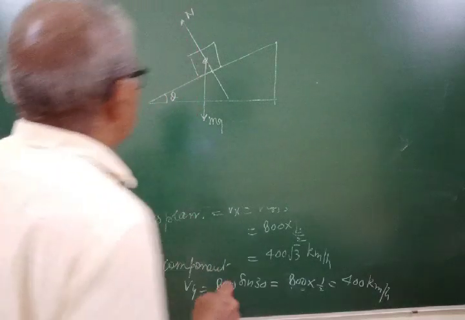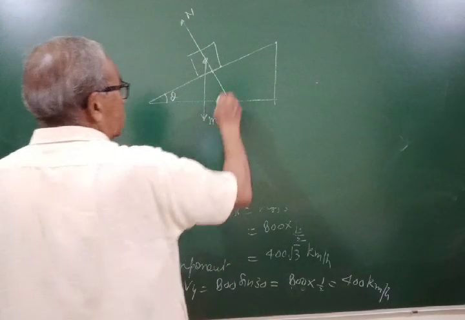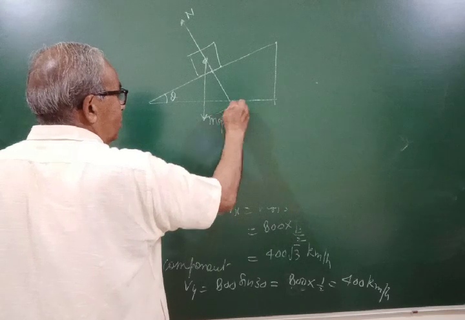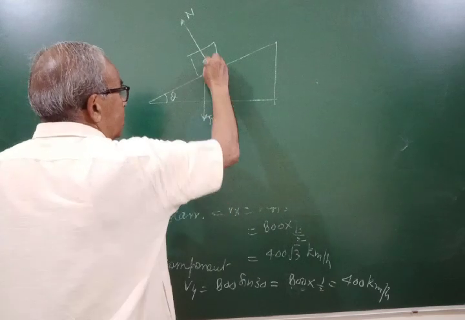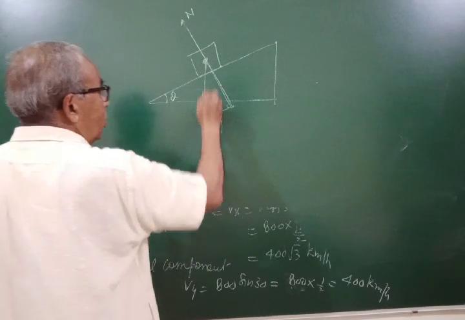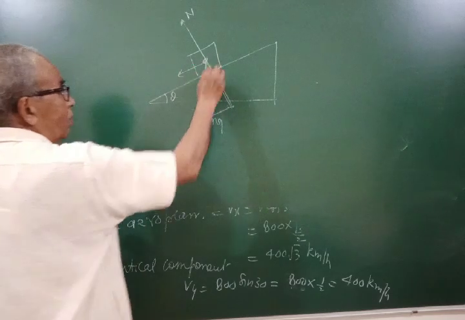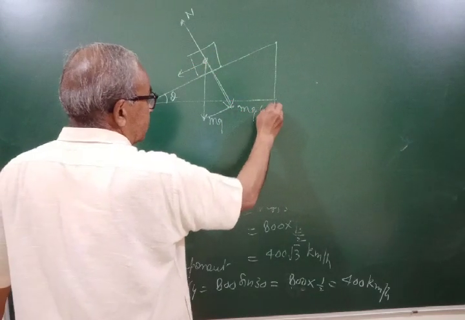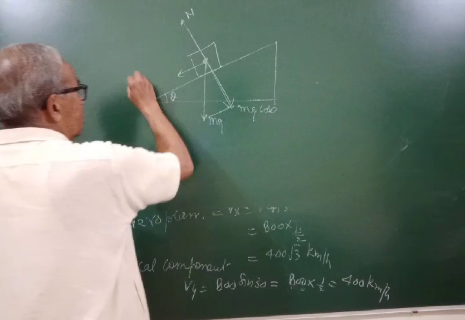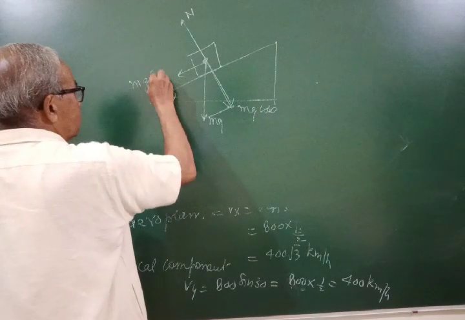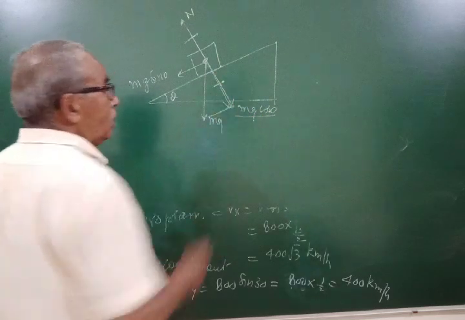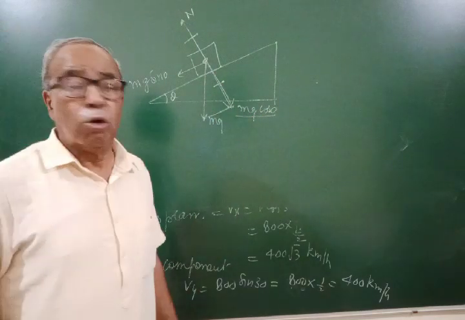You will learn about the reaction of the plane in chapter 5; I have given it in my own videos and posts. Here again we resolve mg into two components. This is the base, this is the perpendicular. So this component is mg cos theta, and this one is mg sin theta. mg cos theta is balanced by the normal reaction, so you need not apply any force for this.